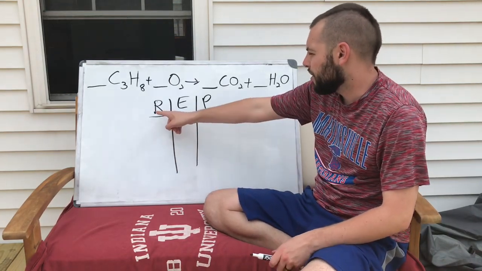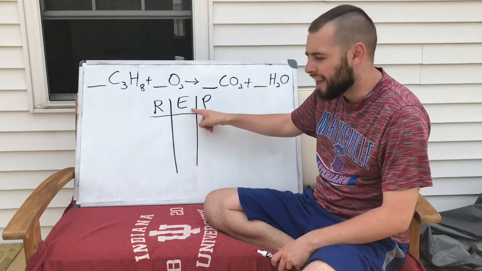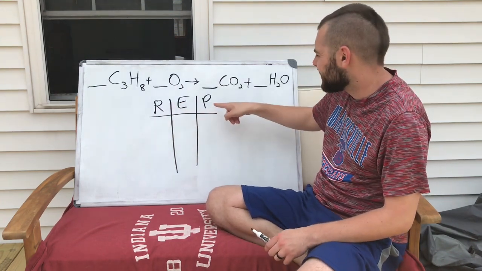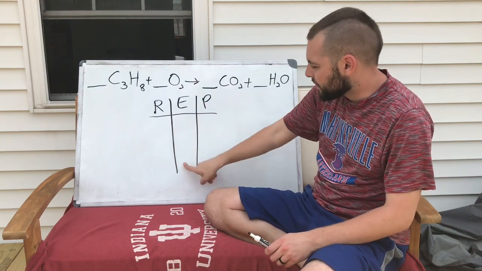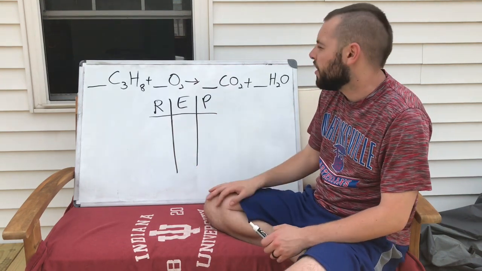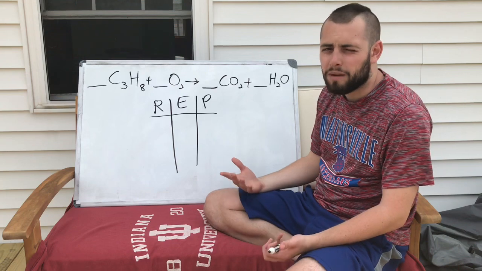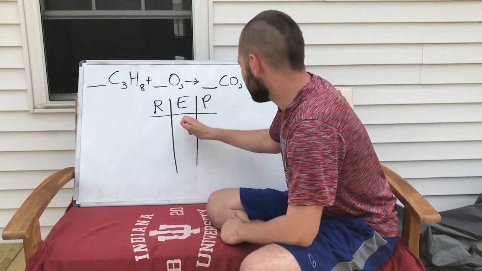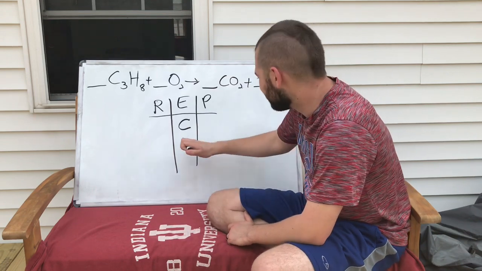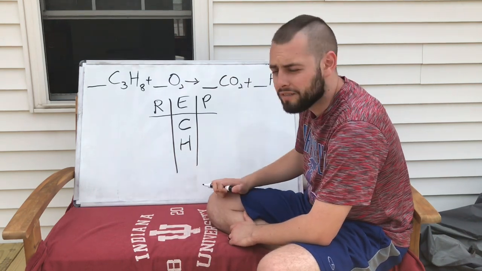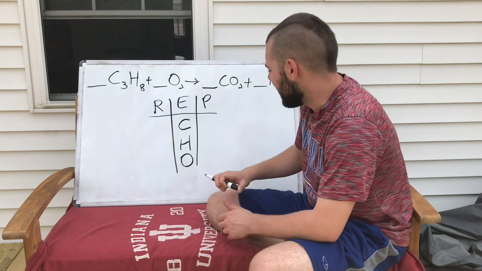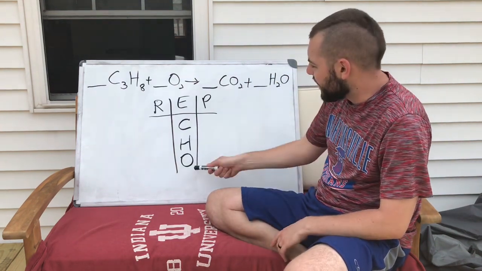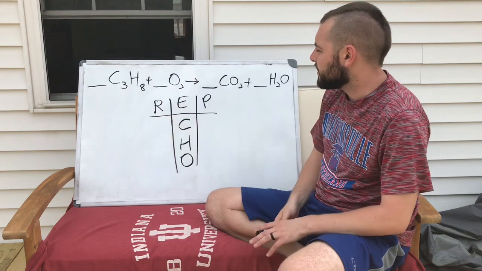This stands for reactants, elements, and products. So start with the elements, that's the easiest part. What elements are taking place in this reaction? Well, I got carbon, and hydrogen, and also oxygen. So these are the 3 elements that are taking place in the reaction.